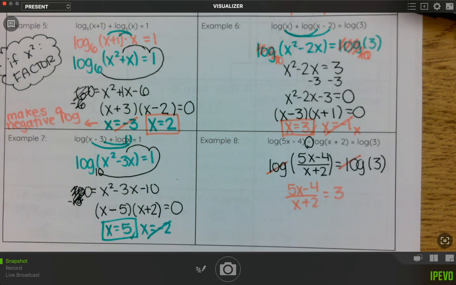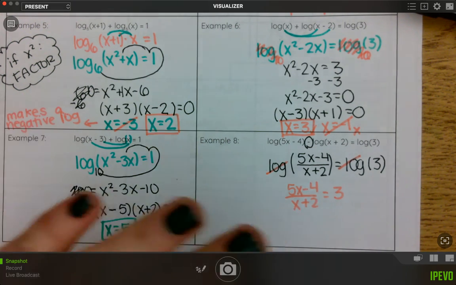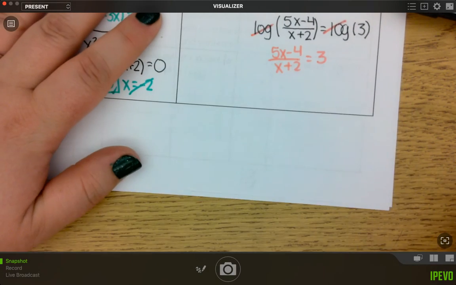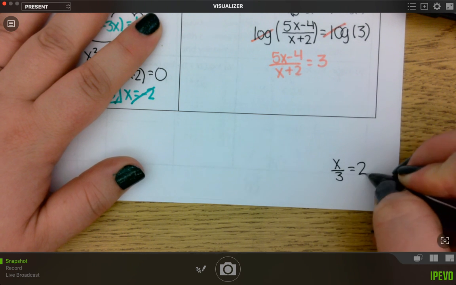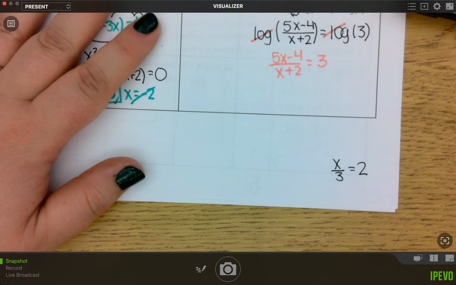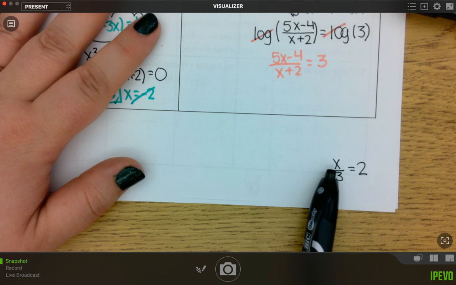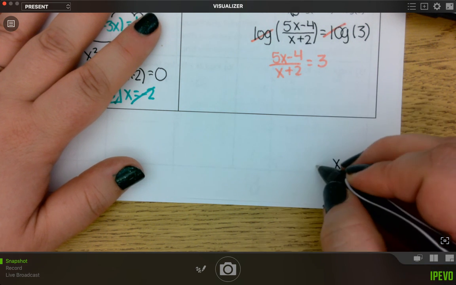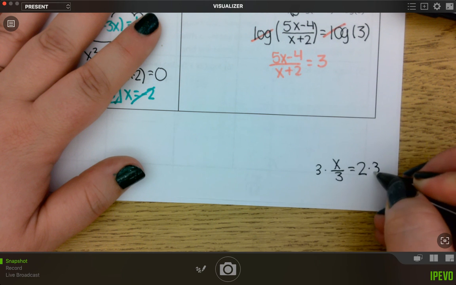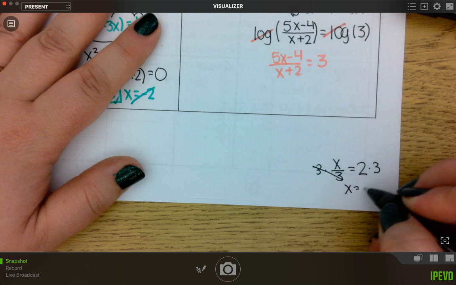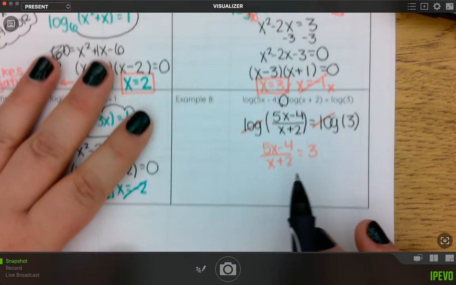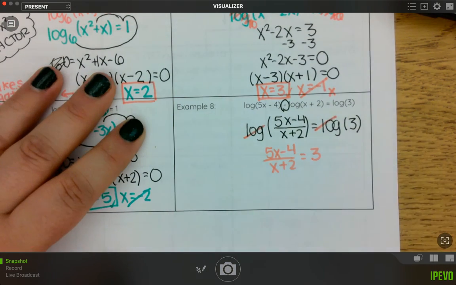Now, here's my question for you before we get back into this. Let me come all the way down here and say something else. If we had a problem like this, how would we get x by itself? Well, x is divided by 3, so we would multiply by 3 on both sides. And voila, these 3's cancel and we get x equals 6. Same thing happens here, it just looks a little more complicated.